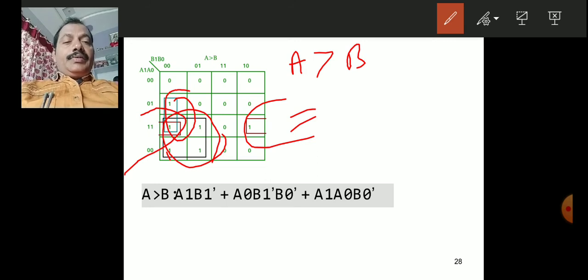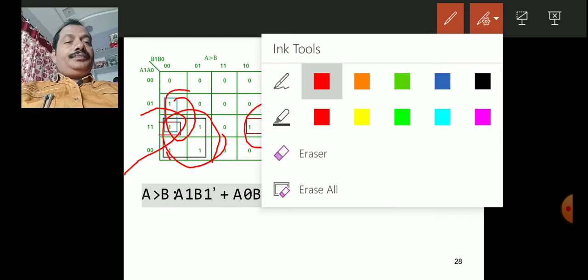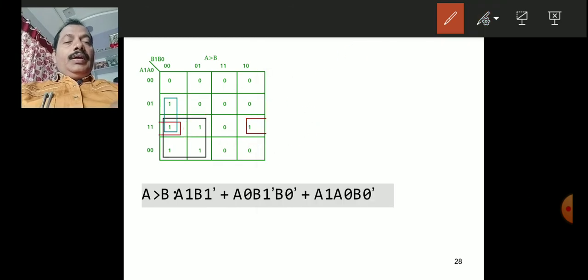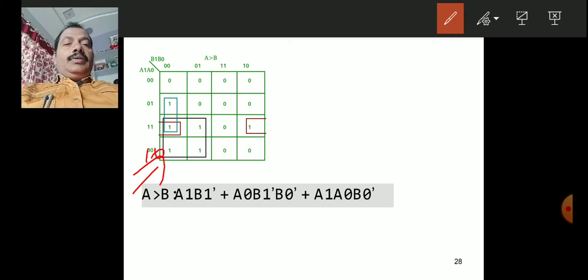For this, what we have to do? Let us write for the quad. For the quad, 2 rows and 2 columns. In the row side, here is a printing mistake, 1 0, 0 0, 0 1, 1 1.